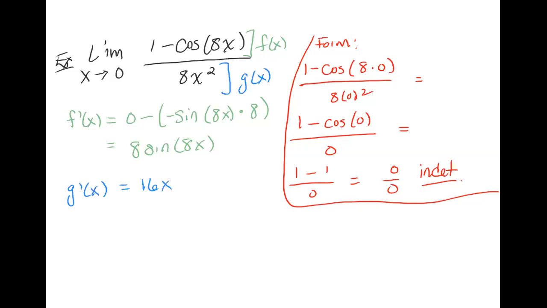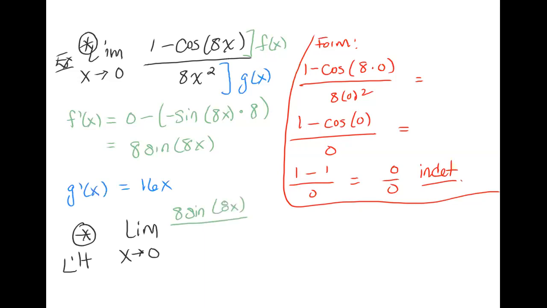And if that is the case, then this limit as x approaches 0 of 1 minus cosine 8x over 8x squared is the same by L'Hopital's rule as the limit as x approaches 0 of that top function, f prime of x, 8 times the sine of 8x, divided by that bottom function, g prime, 16x.